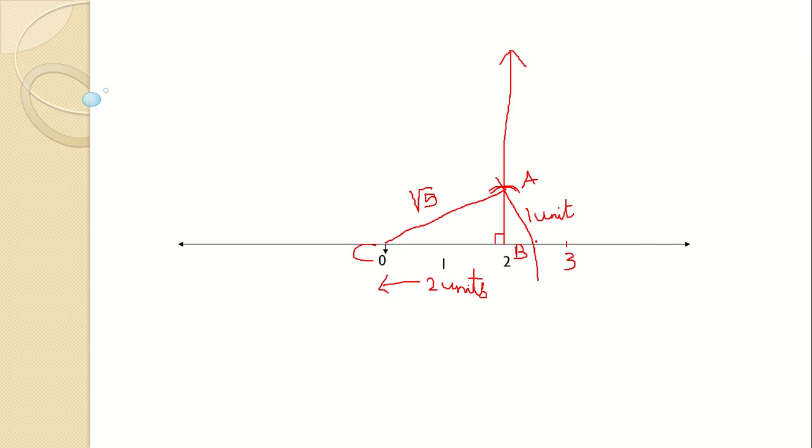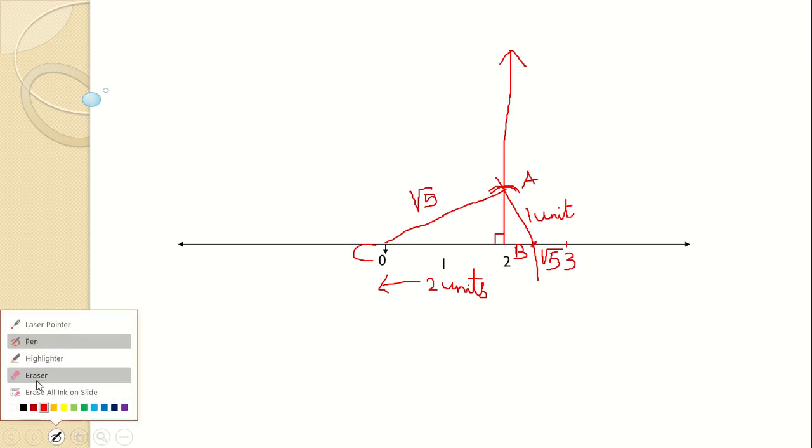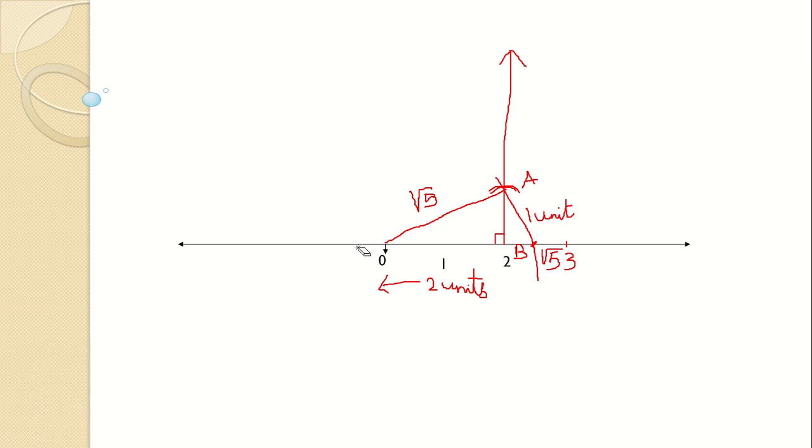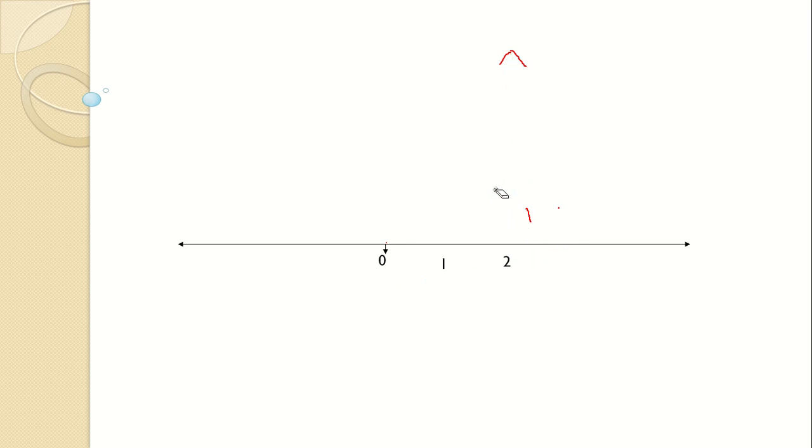Now wherever this arc intersects the number line, this point is your root 5. I hope you have understood, students. Just try doing this using your protractor and your compass. You just have to construct a right angle triangle.